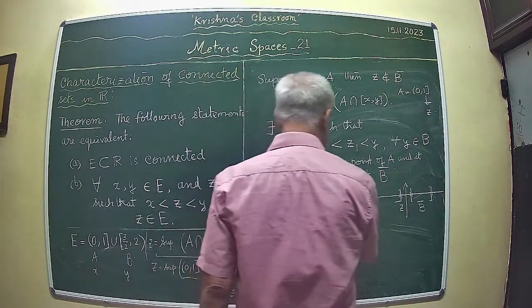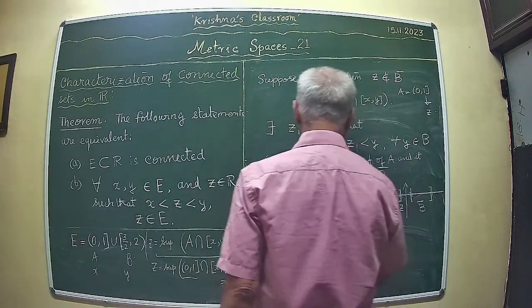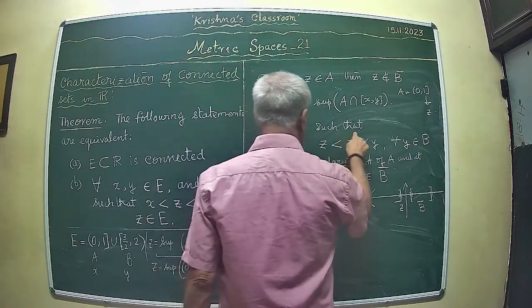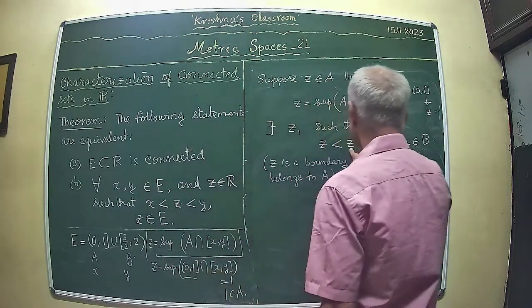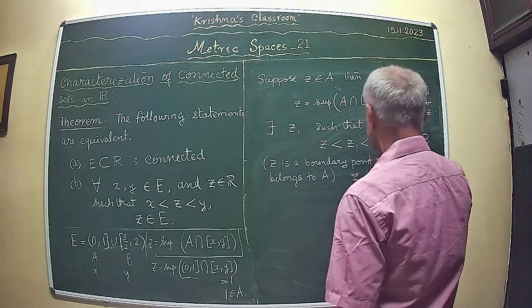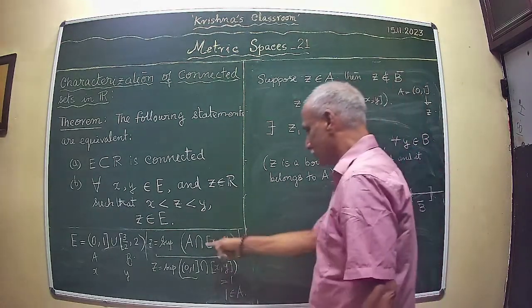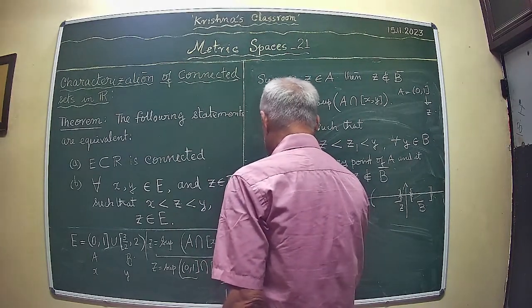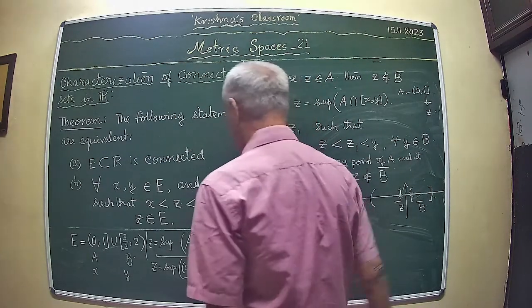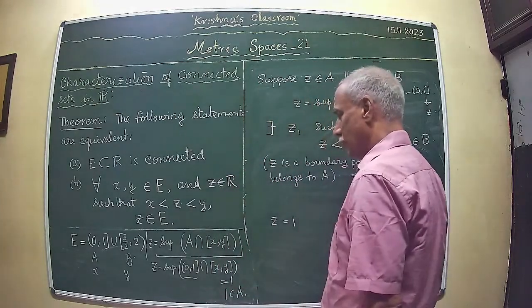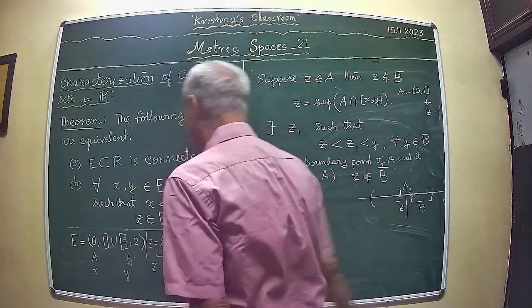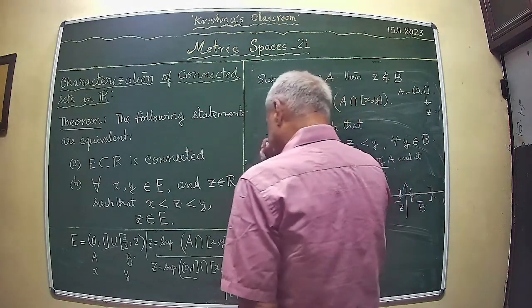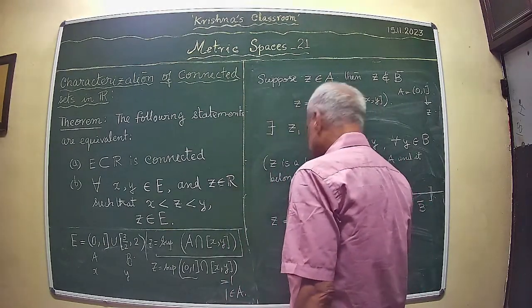Okay. So Z belongs to A, Z is not in B closure, therefore there exists a Z1 such that Z is less than Z1 less than Y. As you have seen in this example, Z is equal to 1. Okay, in this example, Z is equal to 1. Now you take, and 1 is strictly less than 3 by 2.